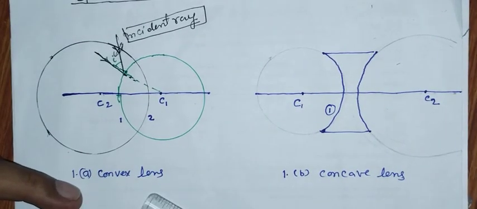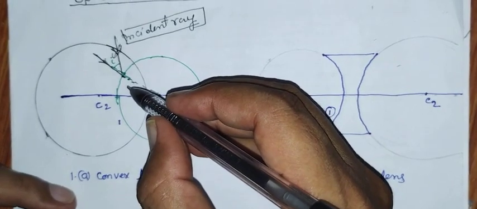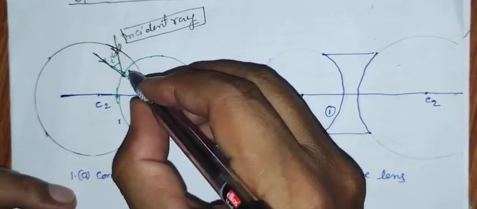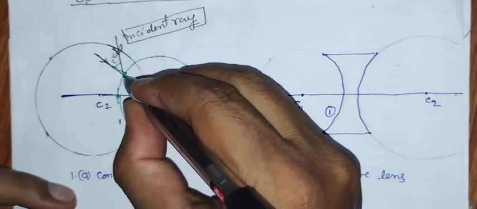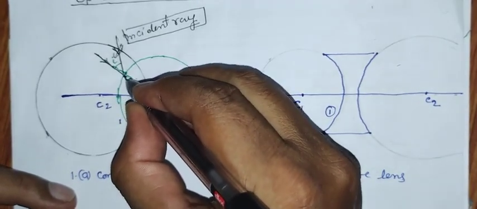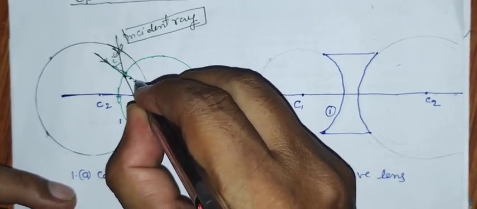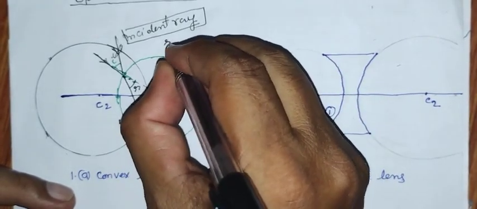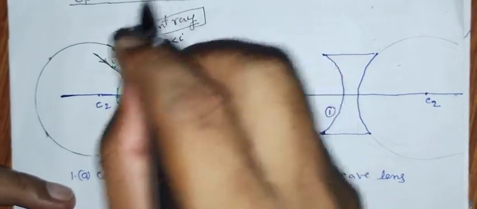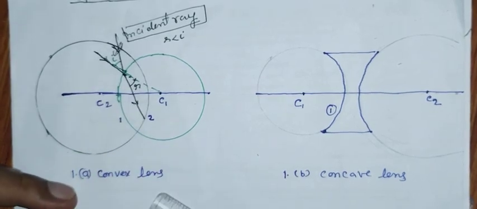We know that when a ray of light passes from a rarer to a denser medium, it bends towards the normal. So bending towards the normal means this ray of light goes in this direction. This is angle R. This R is less than angle I because it is entering from air to glass.